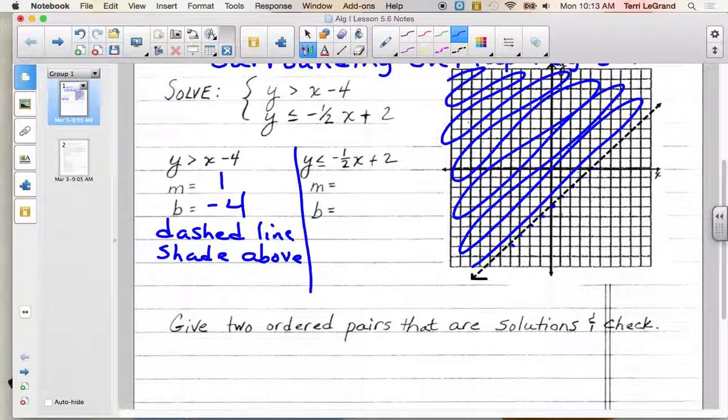And I wouldn't shade real dark, but just shade lightly when you do your shading.